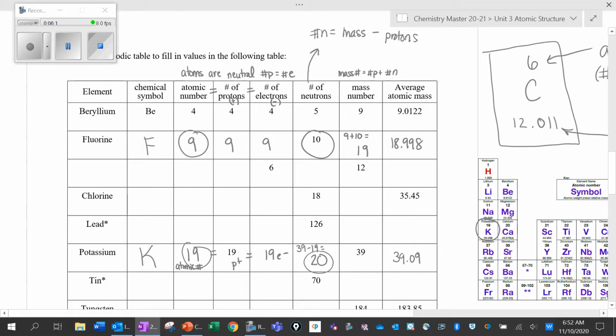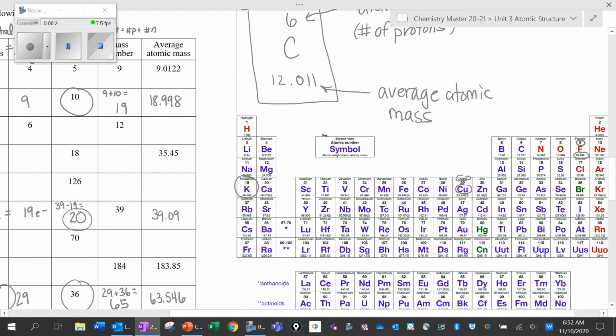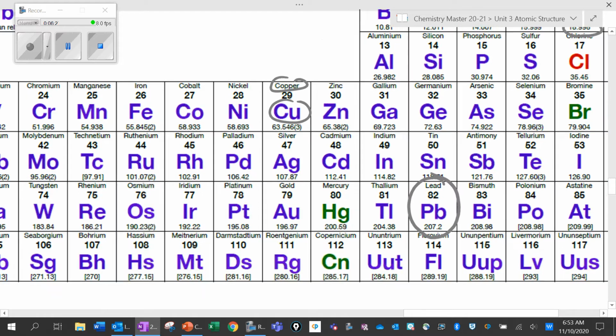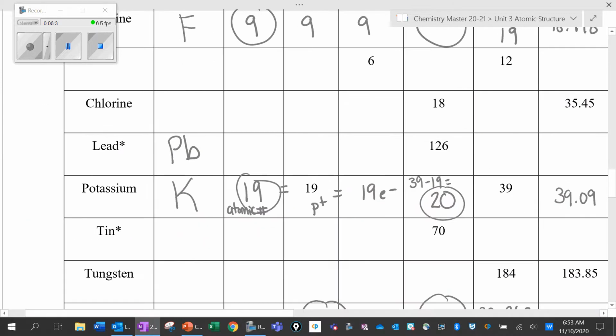If we do one more like this, let's take a look at lead. Lead is the element Pb, and the atomic number of lead is over here. Here's lead. Its atomic number is 82. That means it also has 82 protons and 82 electrons.